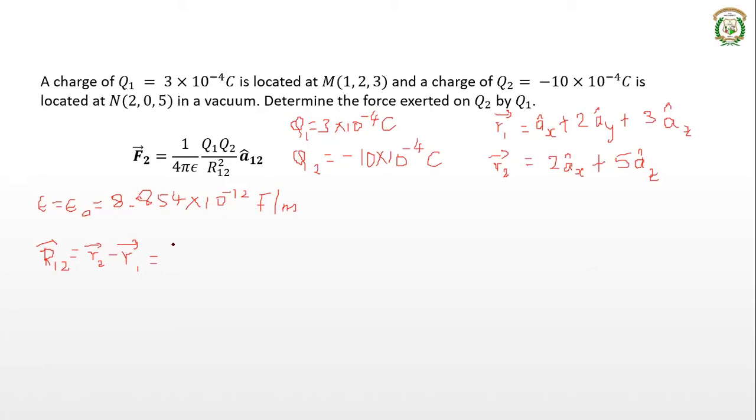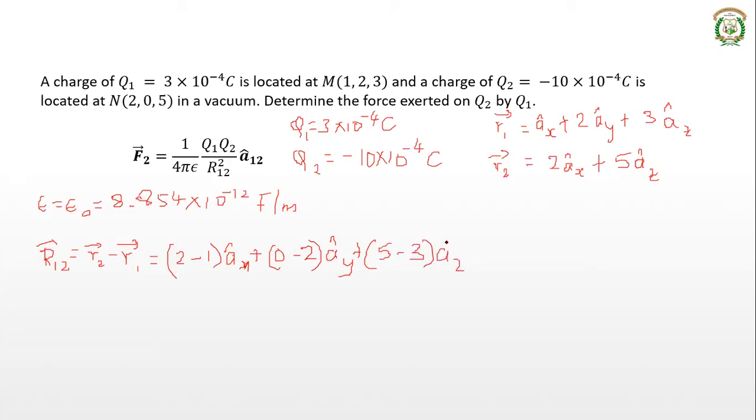X components, Y components and Z components of R2 and R1, we will subtract. 2 minus 1 AX, plus, there is no Y component here, so it is 0; the Y component of R1 is 2, so it is 0 minus 2 AY, plus 5 minus 3 AZ.